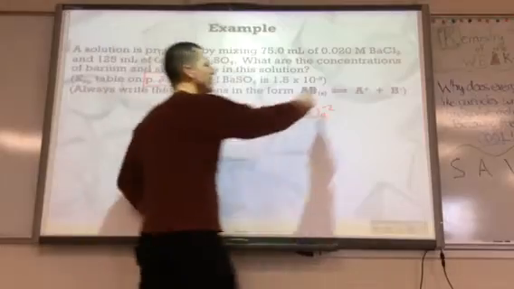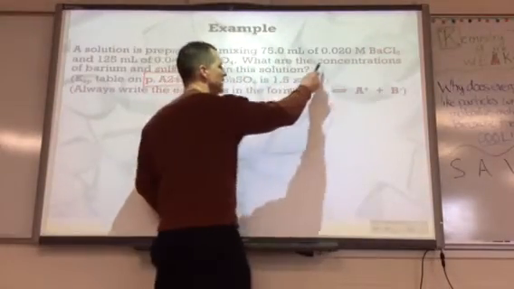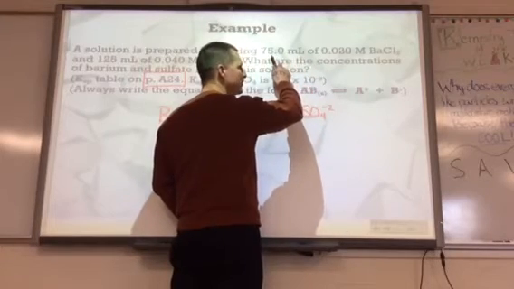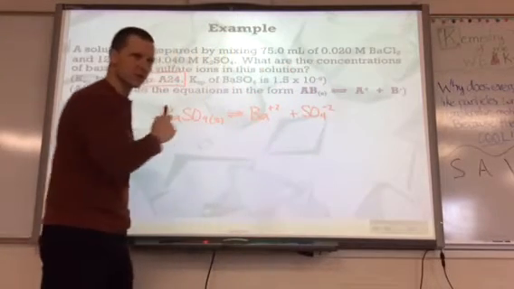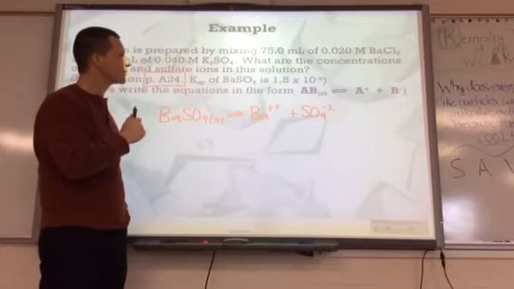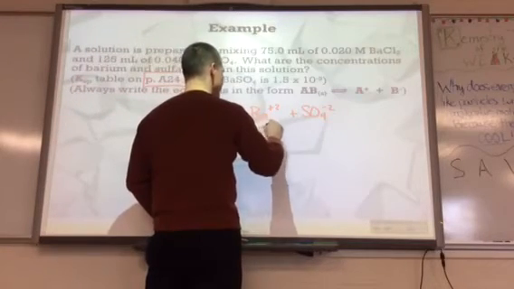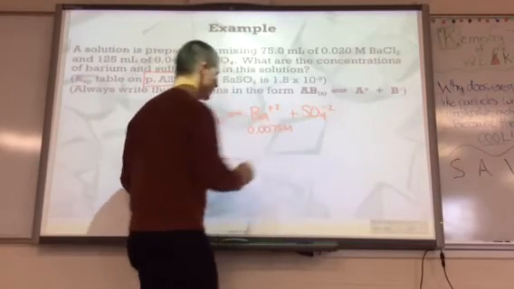So, for the barium ion concentration, this is M1V1 equals M2V2. You'd have to take 0.02 times 75 and then divide it by 200, which is the total volume. What is it? 3 over 400. So 0.0075. Very good, Siddharth.